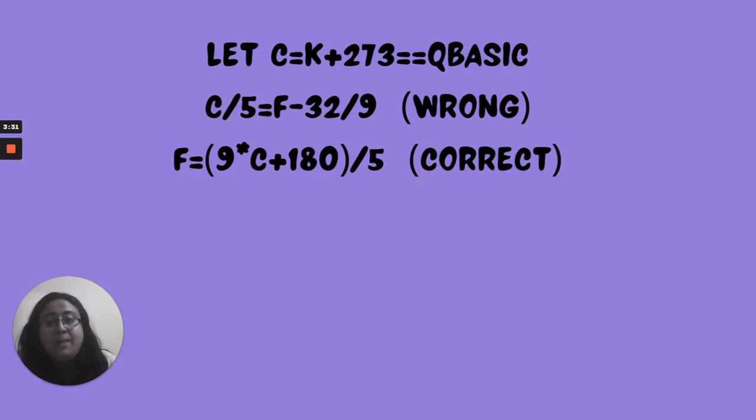Next, if you have a program like convert Celsius to Fahrenheit and you need a mathematical formula there, just typing out the formula this way, C/5 = (F - 32)/9, is the wrong method. You need to solve that and derive the formula that has been asked as the output.